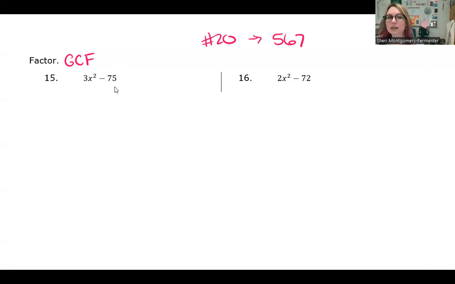You're really close, I think, but 25 can't go into 3. Three can go into 3. Can 3 also go into 75? Yes. So that is our GCF. We're going to factor out the GCF. When you factor it out, you have to write it in front. It does not disappear. And then I write down what I have left. So I would have x squared minus what's 75 divided by 3.